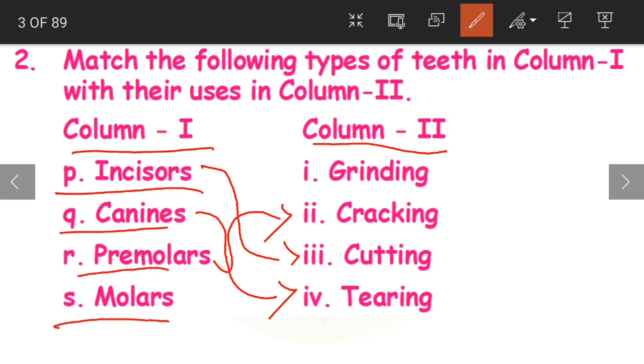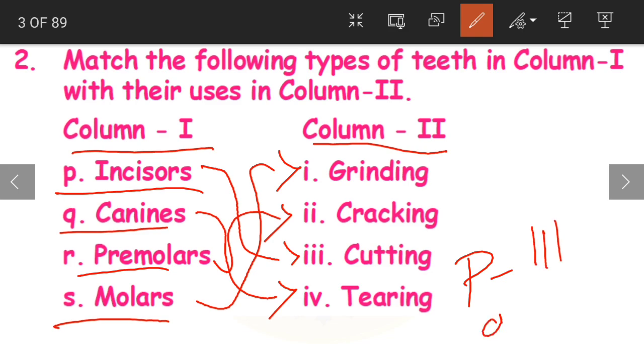And at the last, molars are used for grinding the food. So this is how they work, children. So what is the sequence for us? P is for 3, and then Q is for 4, then R is for cracking, that is 2, and molars are for 1. That is, S is for 1.